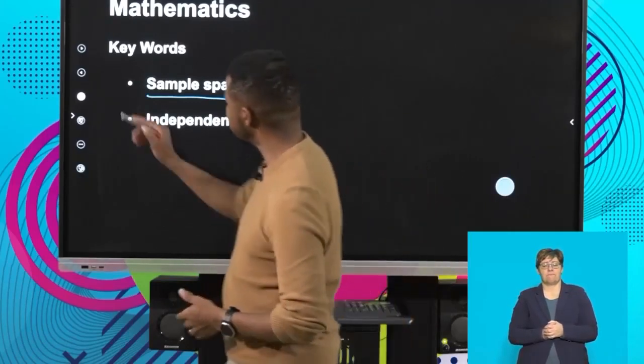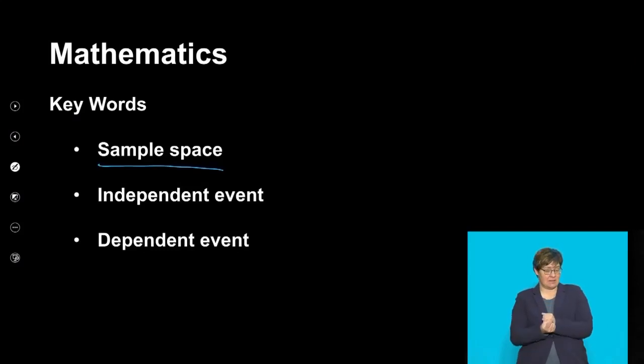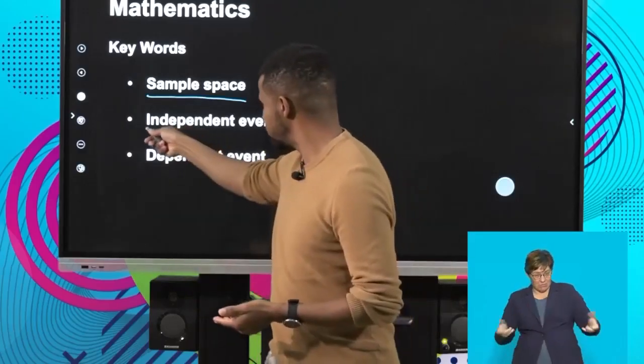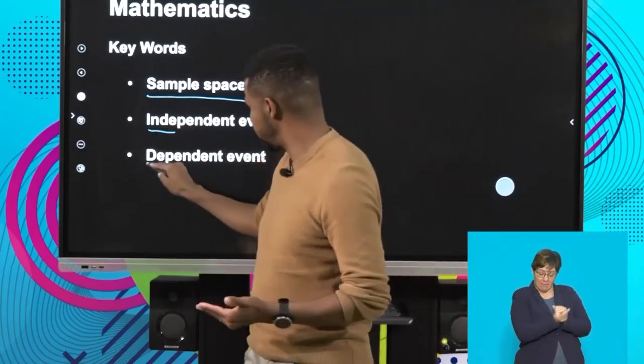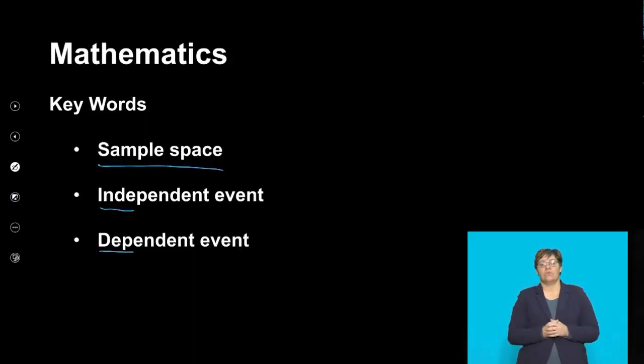A dependent event really depends on the other. You can see from the word: independent is not affected, and dependent can be affected by the other.